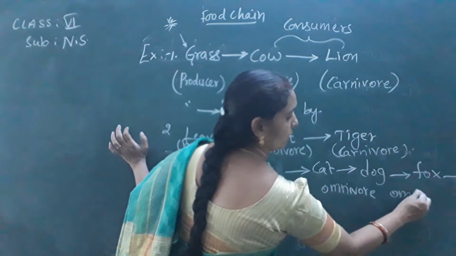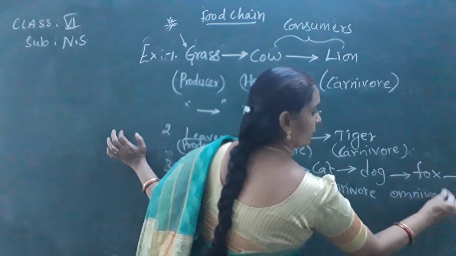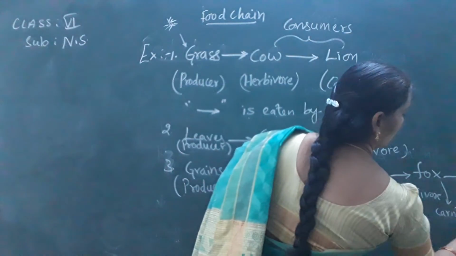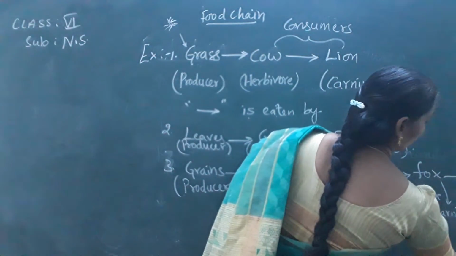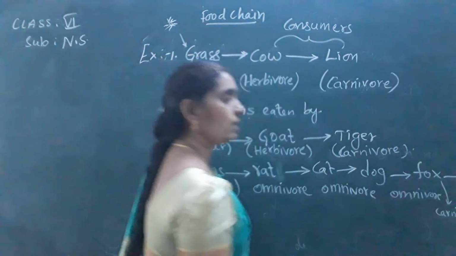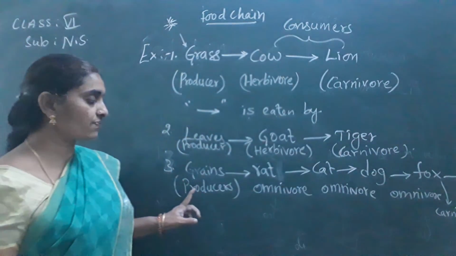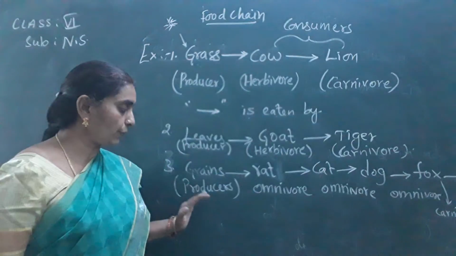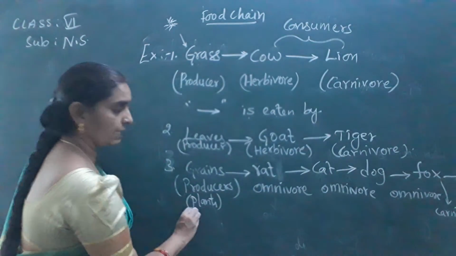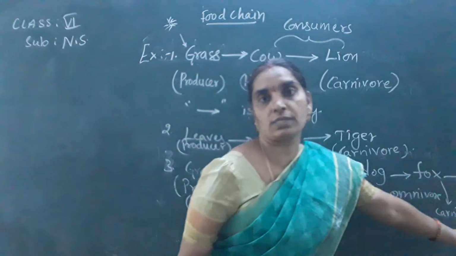Dog is also an omnivore, where fox is a carnivore. Tiger is also a carnivore. So always the food chain starts from producers, that is plants, and ends in carnivores.